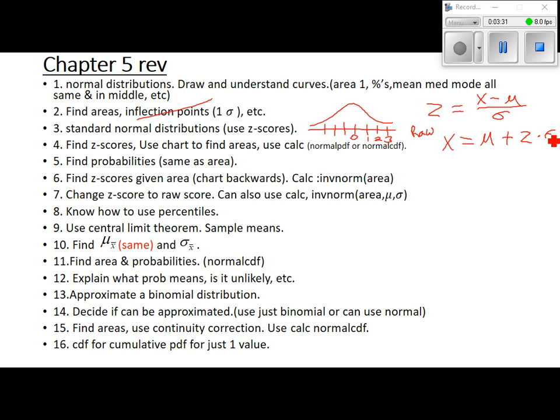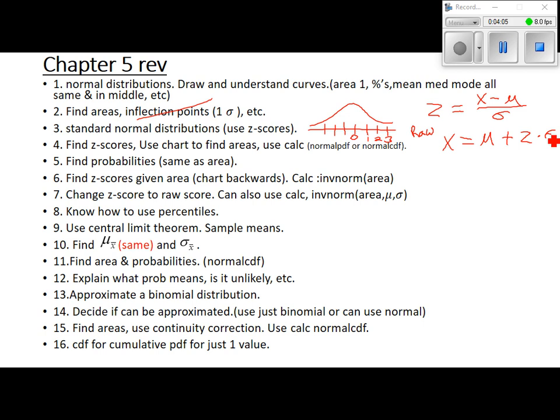believe. Let me look that up to make sure I'm not telling you wrong. I shouldn't have to look it up because we could just do the math there. That'd be sigma times z. Yeah, that's right. So that's if you want to change it from a z-score to a raw score.